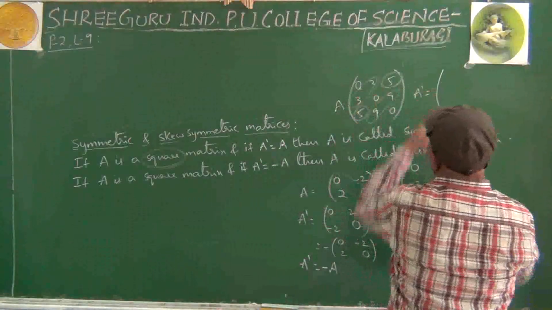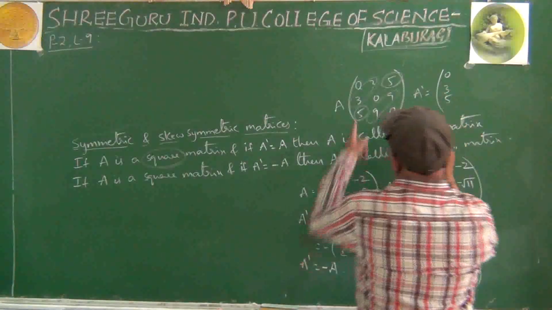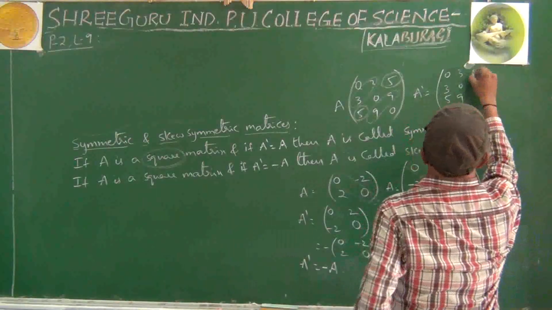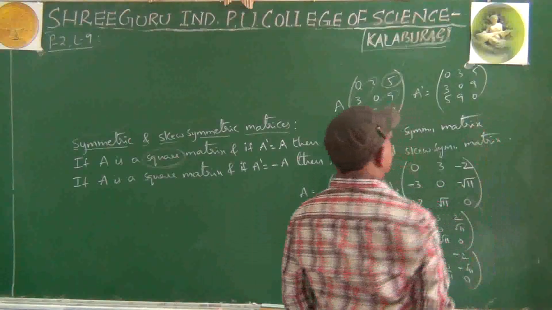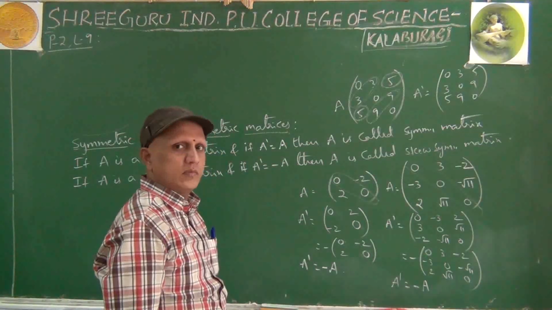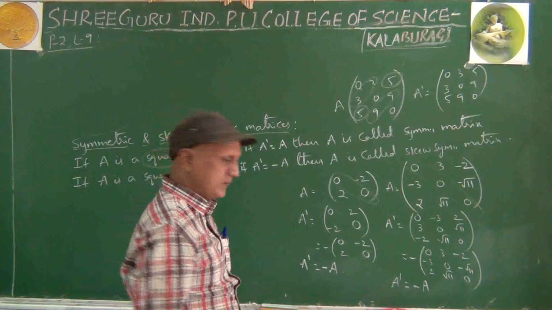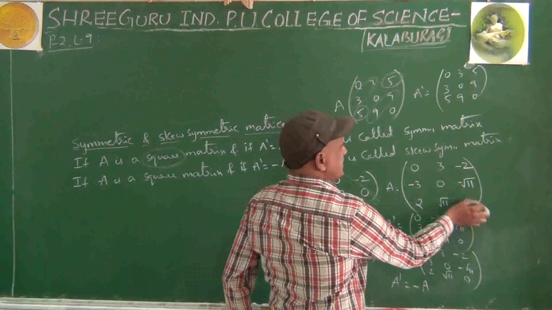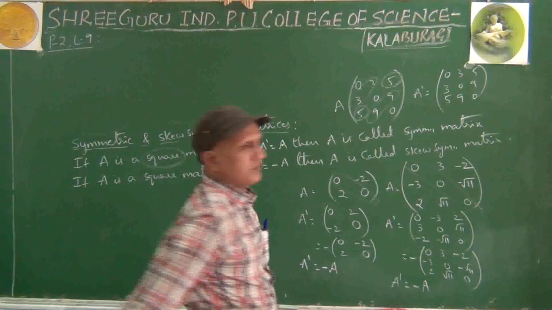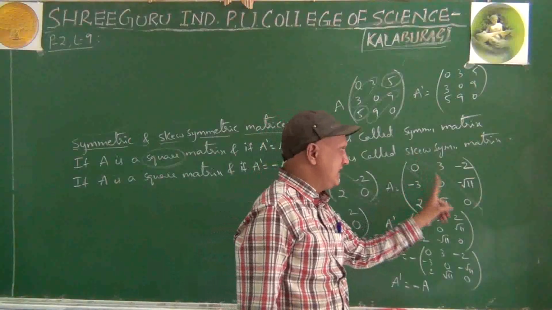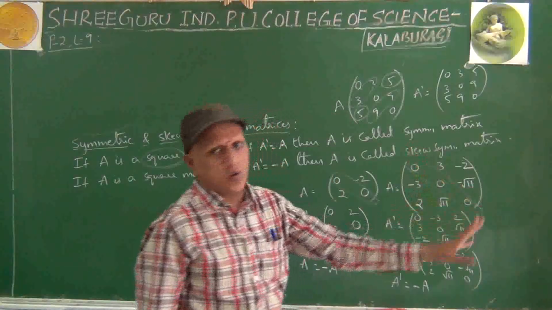First row becomes first column, second row second column, third row third column. A dash equal to A. Right? It becomes symmetric only. But in a skew symmetric matrix, definitely these three should be 0.